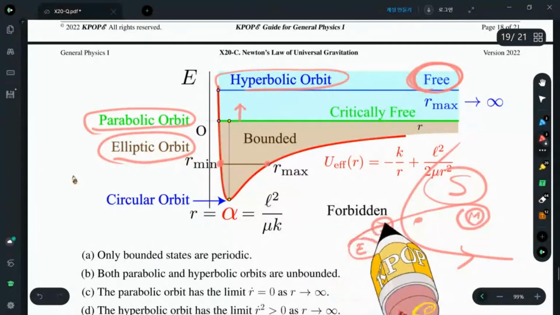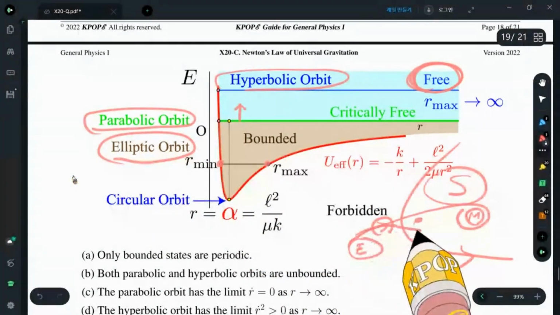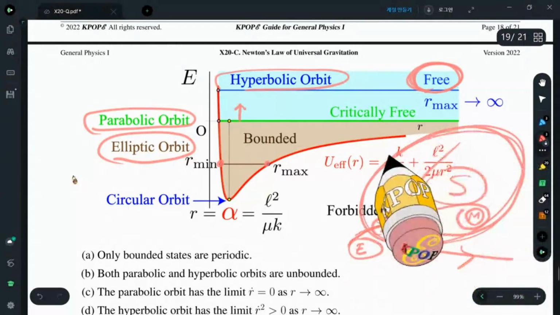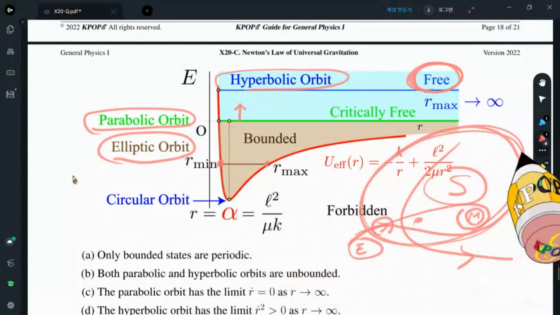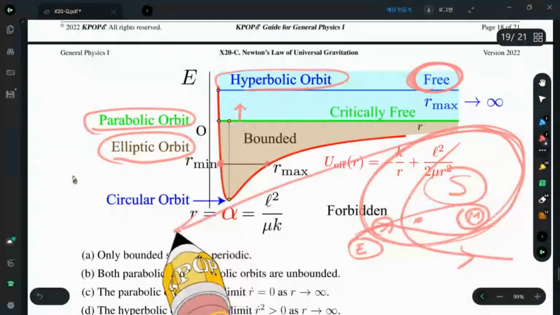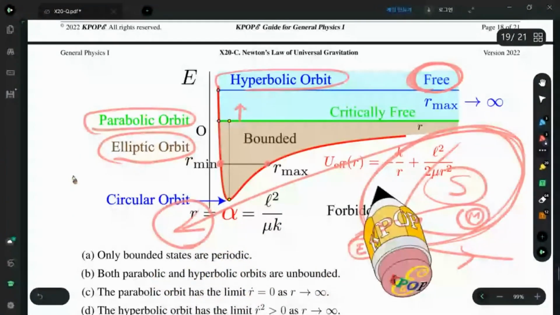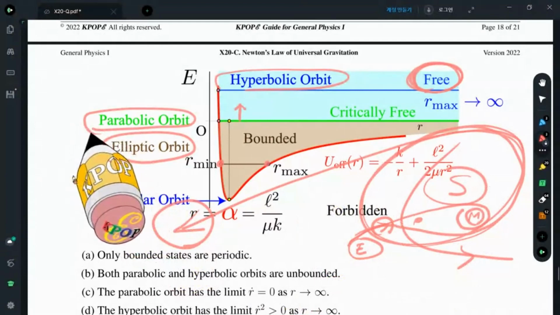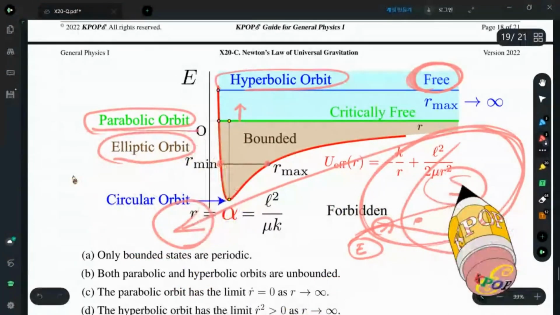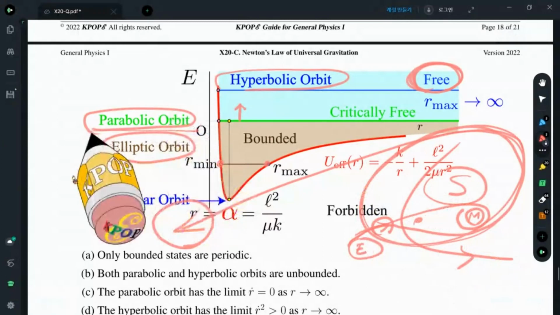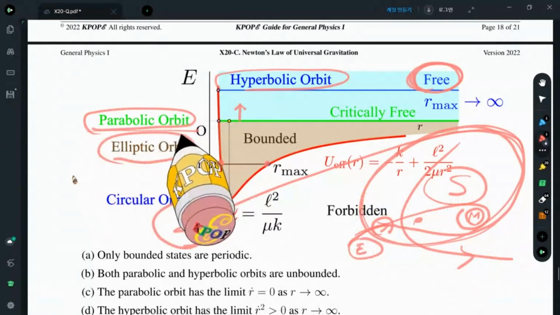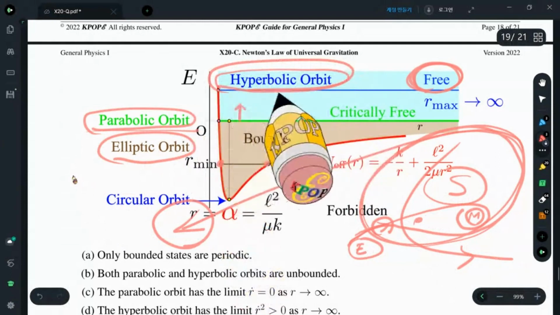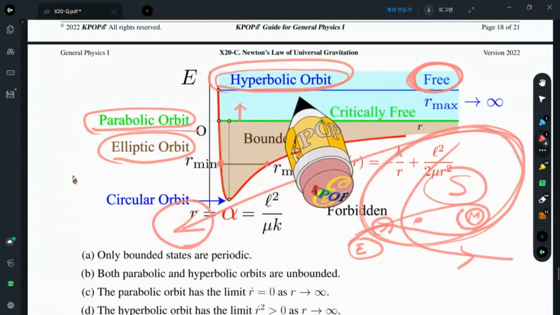After escaping from the Earth, it is still trapped by the sun's gravitational force. To escape from the sun, to go away from the solar system, we need an energy relative to the sun that is a parabolic orbit. And if we have large enough energy, we can follow the hyperbolic orbit and it will never return.